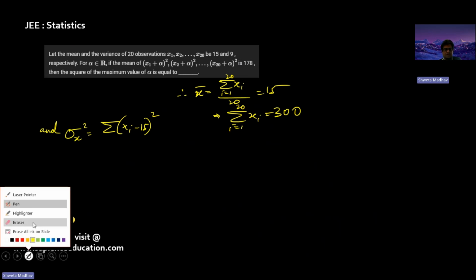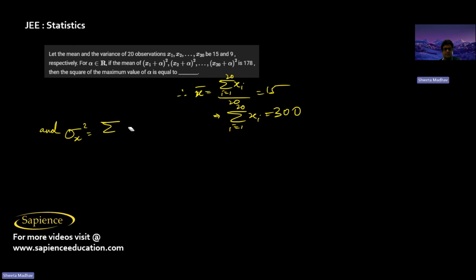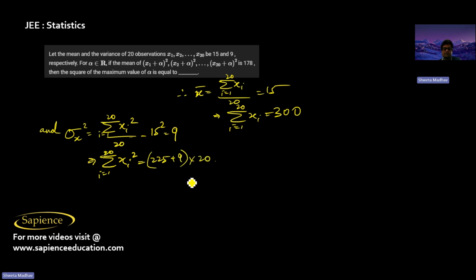I can say this is actually summation xi square, i goes from 1 to 20, divided by 20, minus x bar square, that is 15 square, that is equal to 9. Therefore, I can say summation xi square, i goes from 1 to 20, is equal to (9 plus 225) into 20.